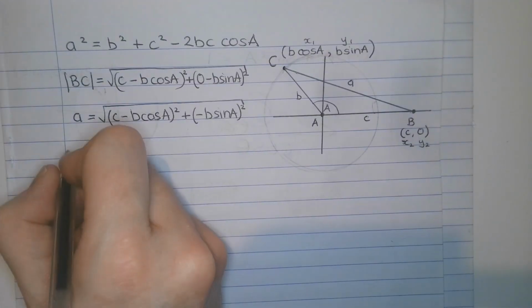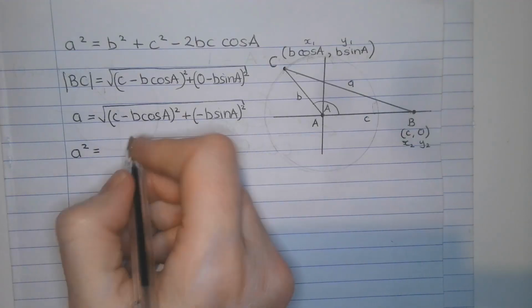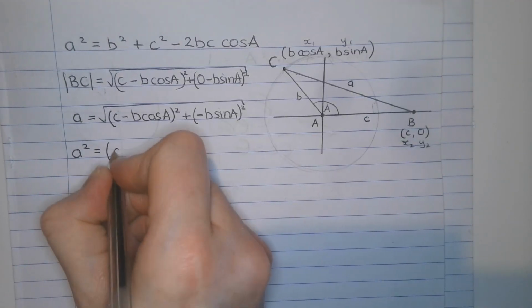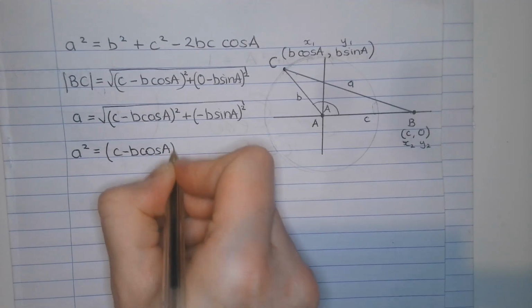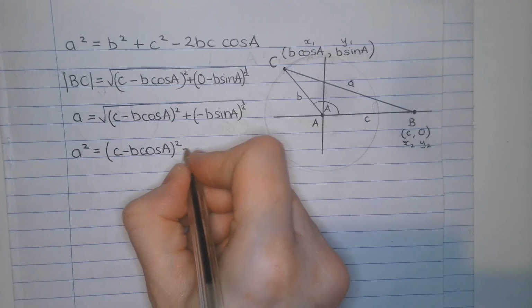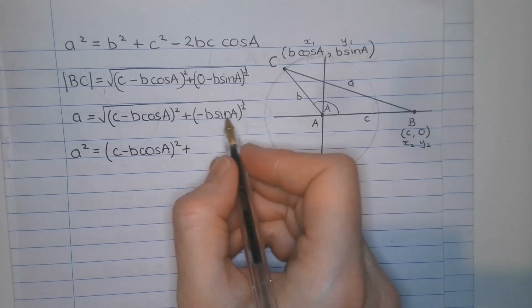If I square both sides, I end up with a squared is equal to, well, first of all, we'll get rid of the square root. We do have to square out these brackets then. Minus b sine A is squared.